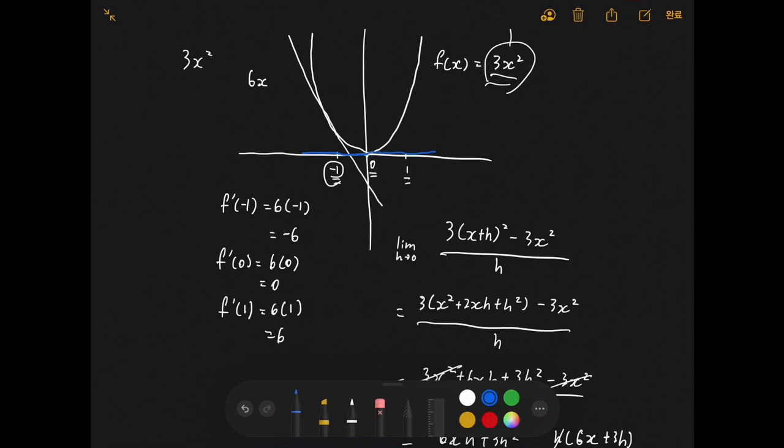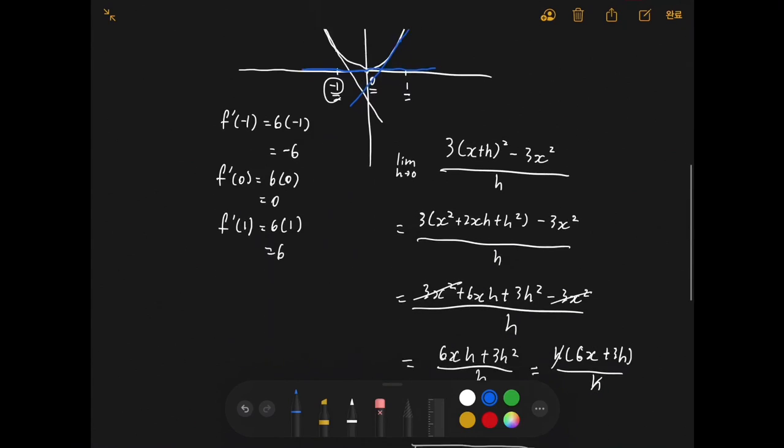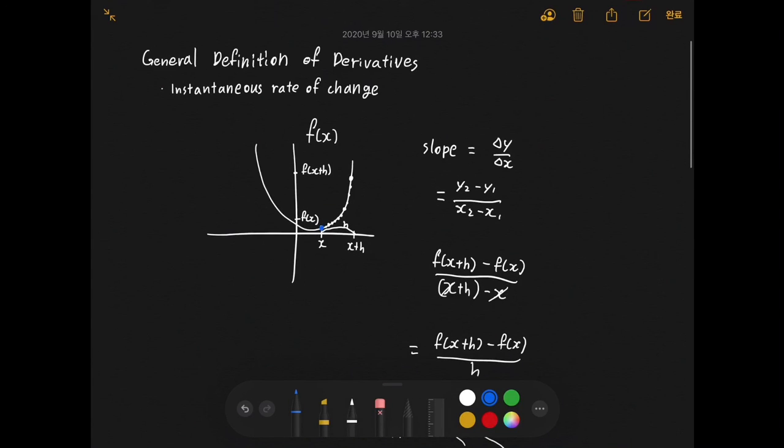So here, at this point, the slope of this point is 6. This was the general definition of derivatives and how to find the slope at a certain point on the function.